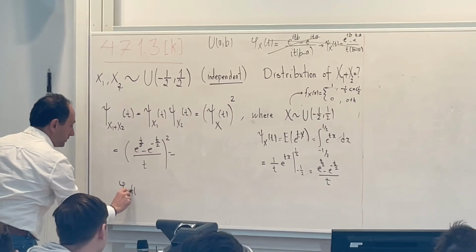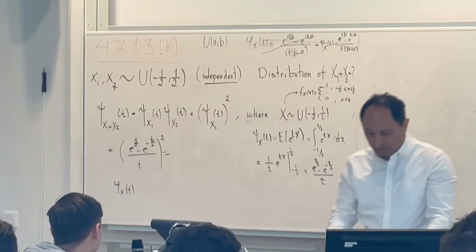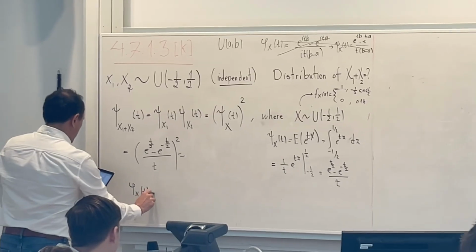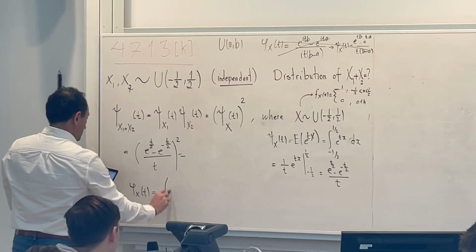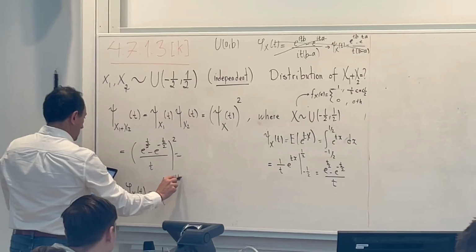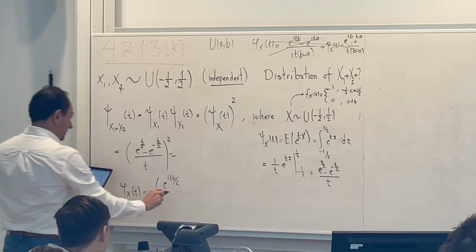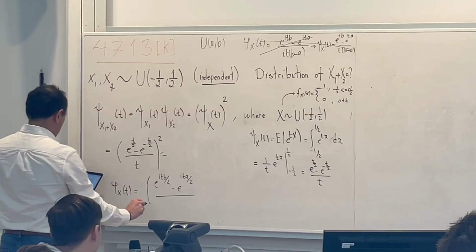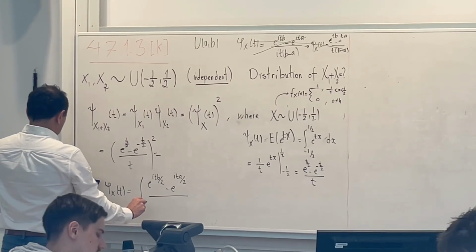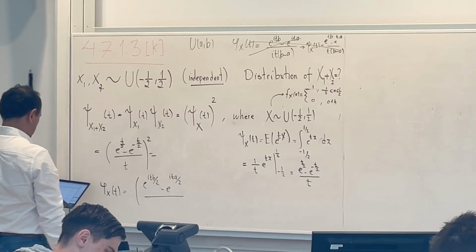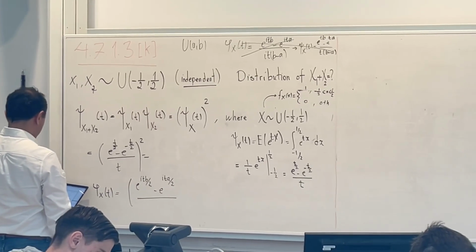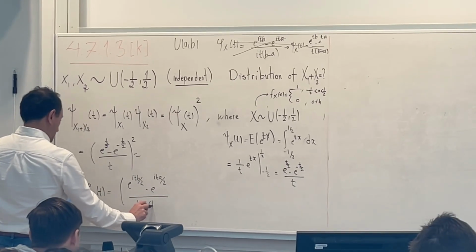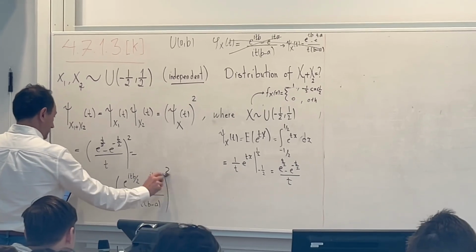For the triangular one, let me write it from my laptop. For the triangular one, you have this: e to the power of itB over 2 minus e to the power of itA over 2, divided by 1/2 it(B minus A) to the power of 2.